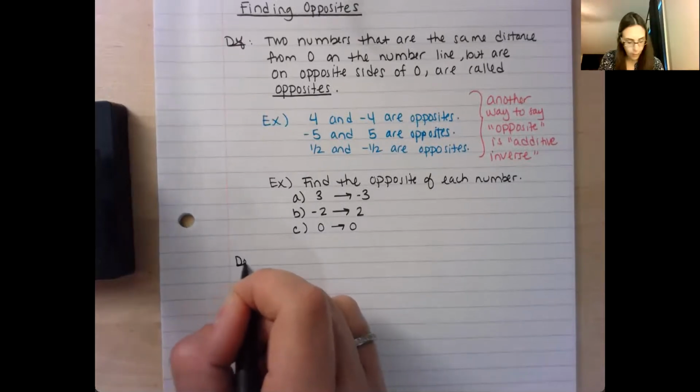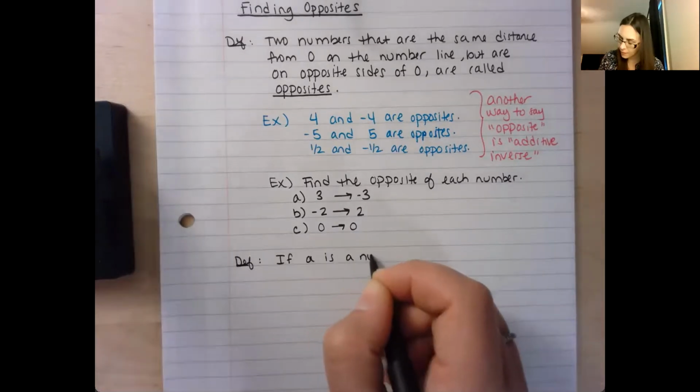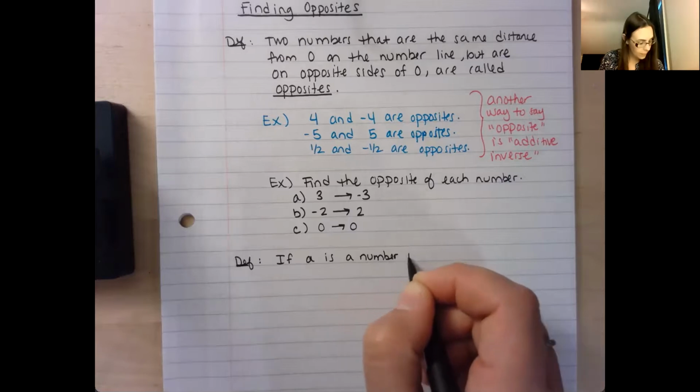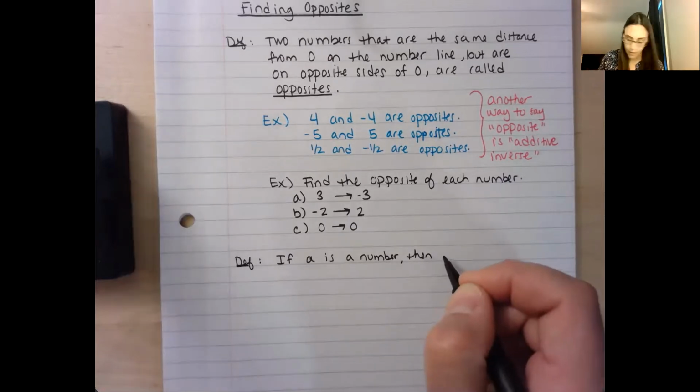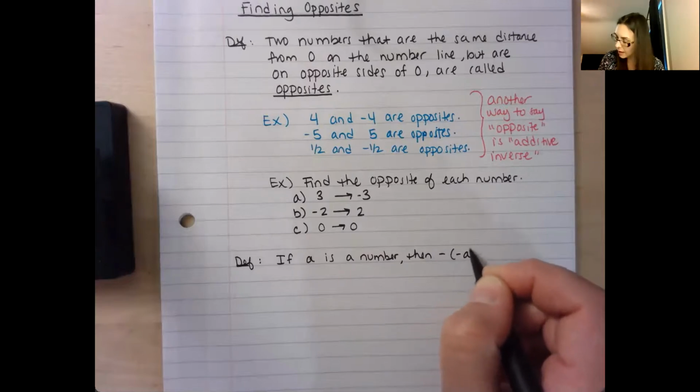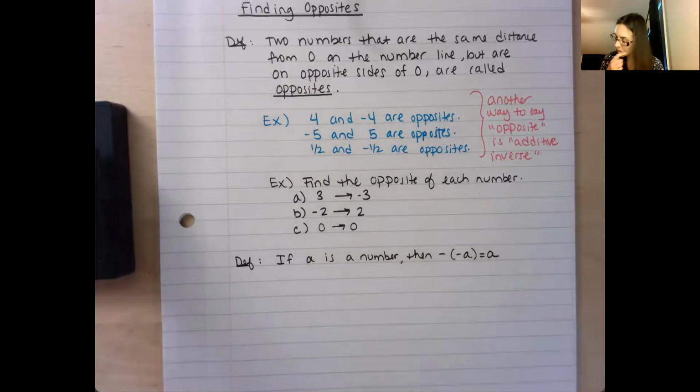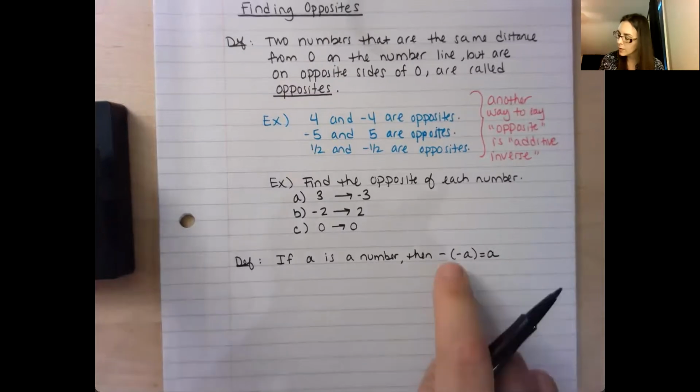And also more formally, sometimes we will write this. If A is a number, then negative negative A becomes A. So what's happening here is you have two negatives.